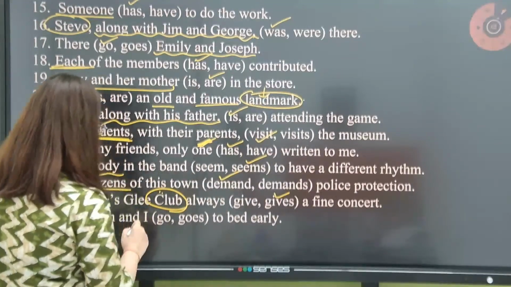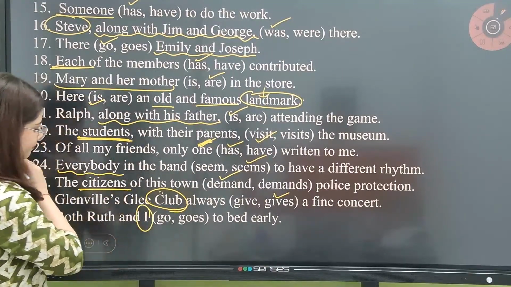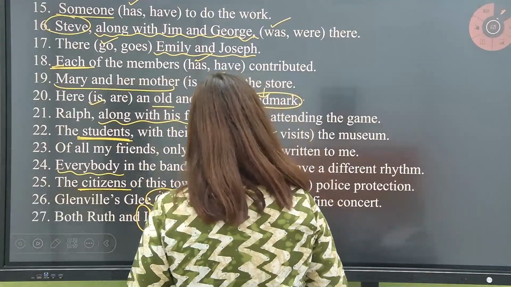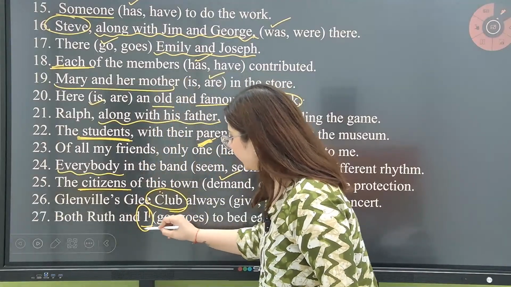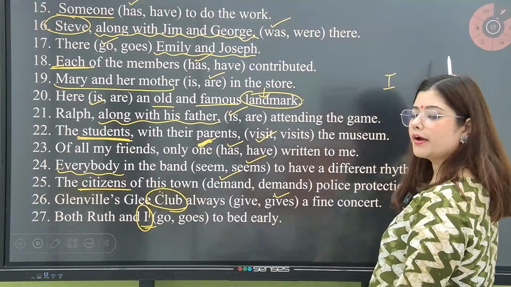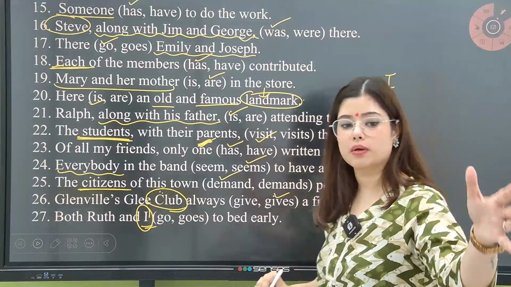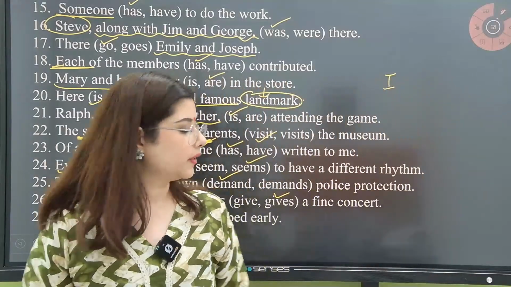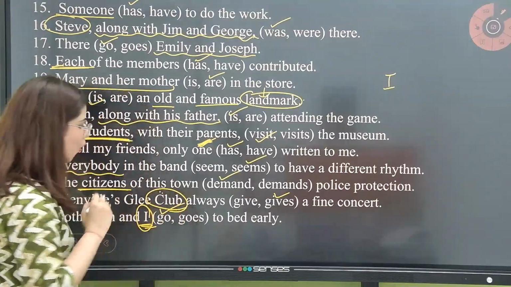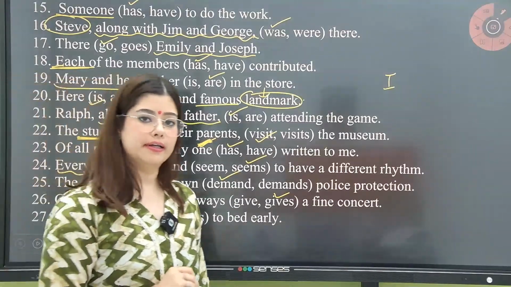Both Ruth and I, right? You need to consider I here. I go to the market or I goes to the market? I go to the market. So both Ruth and I go to bed early.